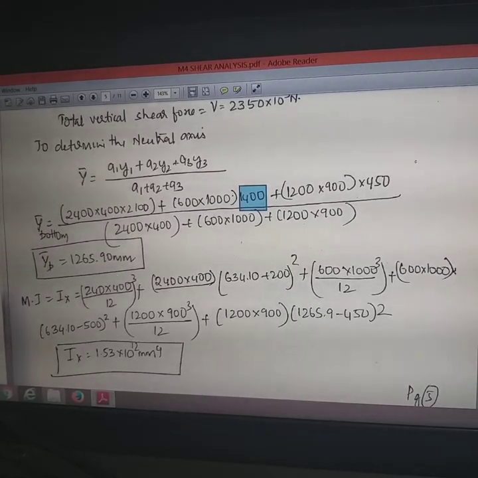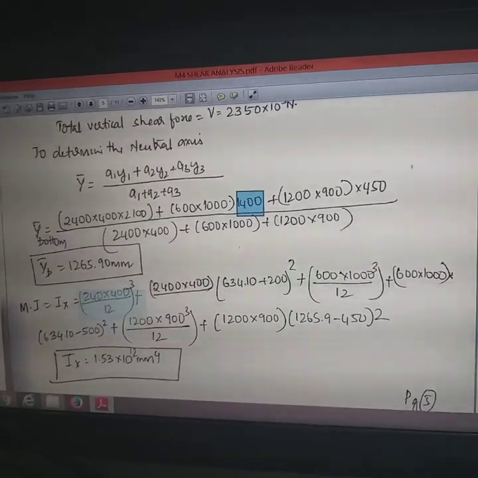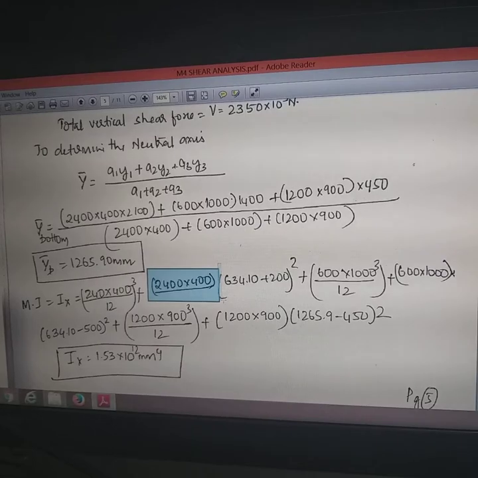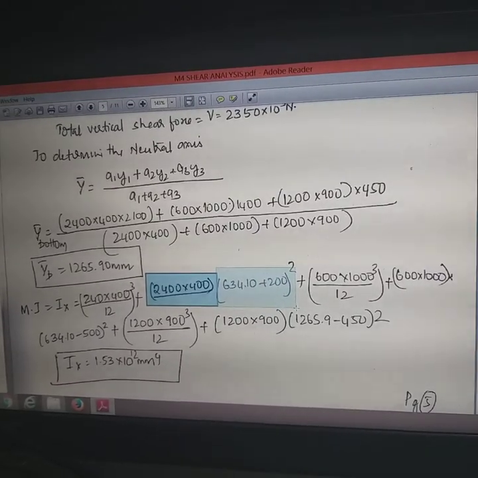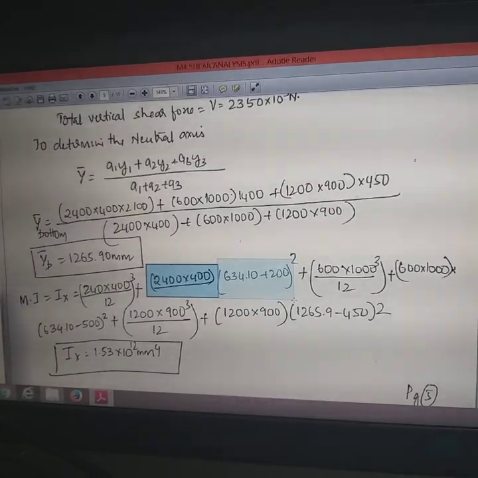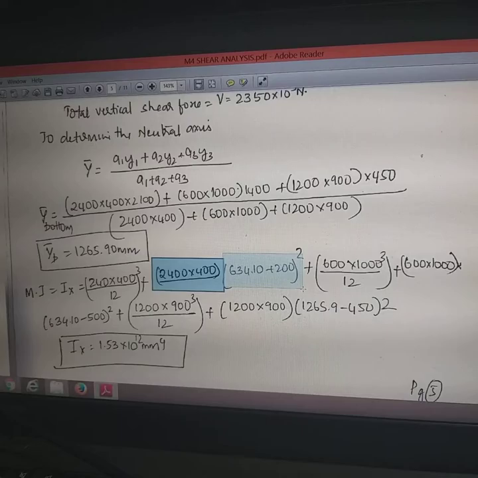This is Ig, and this is A, the area. H is the distance of the centroid of the built-up section to the centroid of the split, individual component of the section.